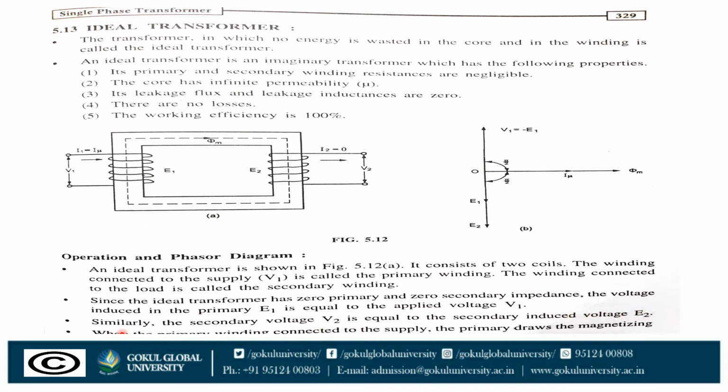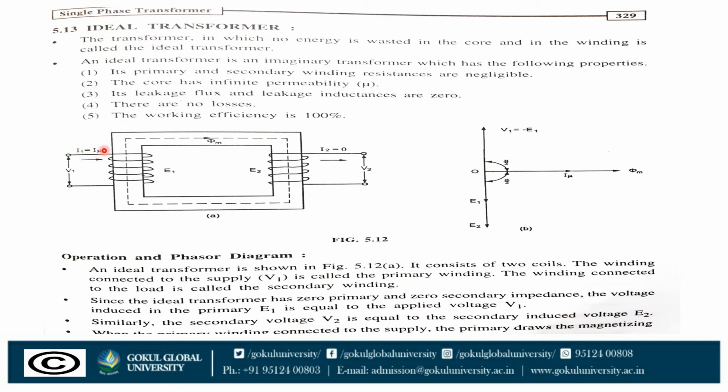Okay. Now when the primary winding is connected to the supply, the primary draws the magnetizing current I mu only. Means when we energize the transformer primary winding, only the primary winding absorbs the current I mu.